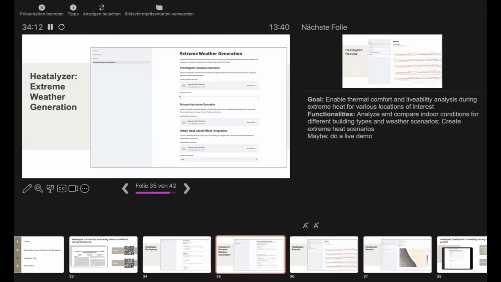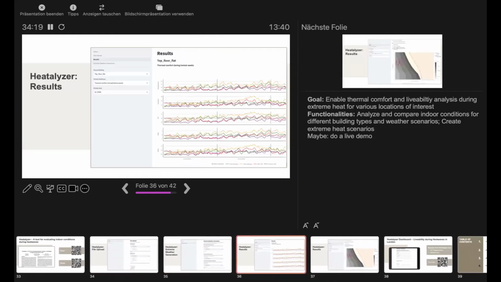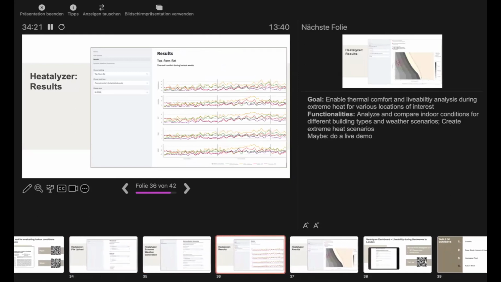And then finally, when you have done the simulation with the building data and weather data you want, you can look at the results. This would, for example, be one type of result, similar to the one I showed you before: the five thermal comfort models that we report over the three hottest weeks, the hottest week with the preceding and following week, shown for four different building types.